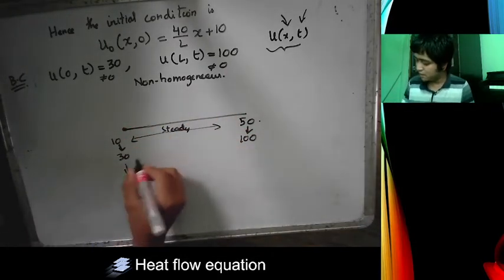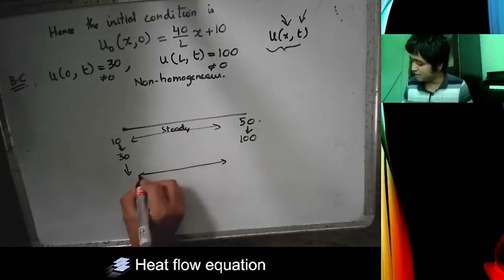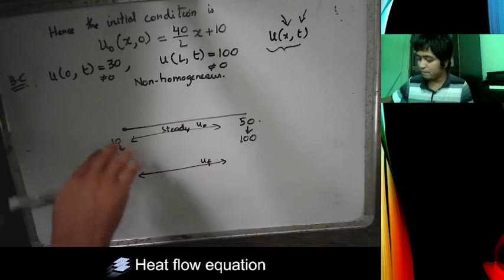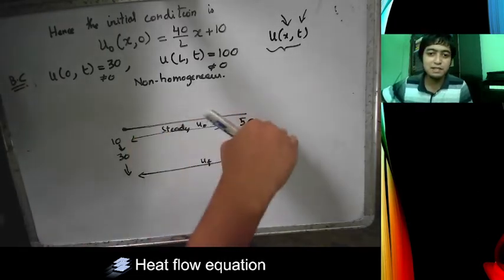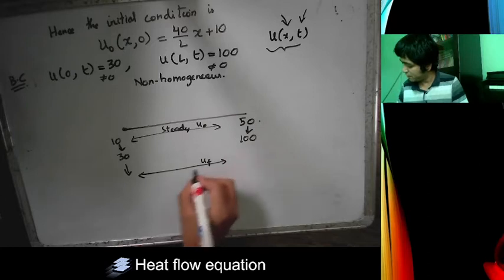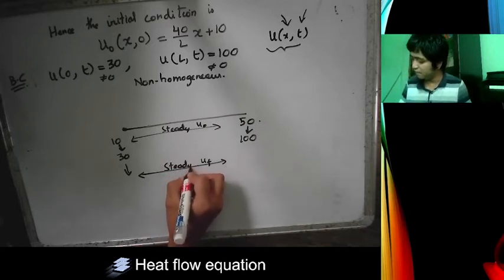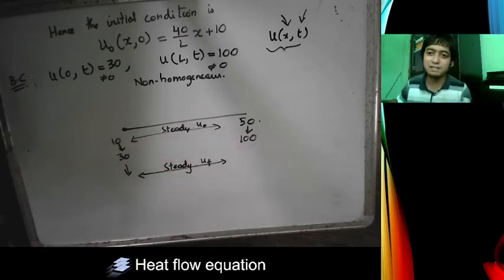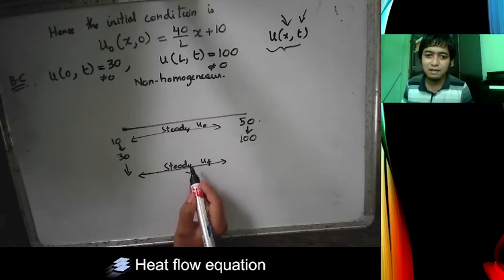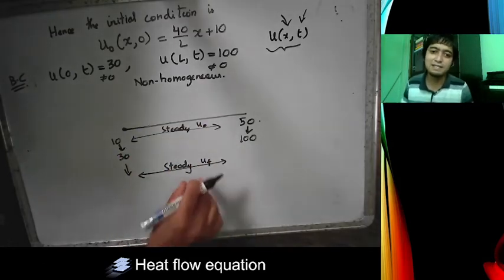So there was an initial steady state and there will be a final steady state, where we will describe the temperature in the rod by u_f. After all the heat flow has stopped, it will again be steady.